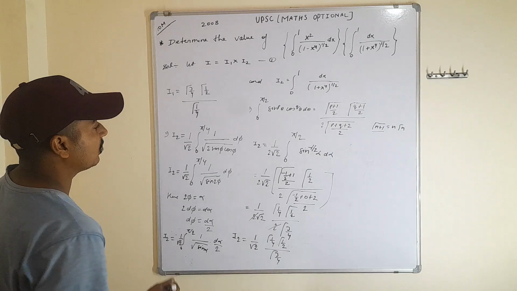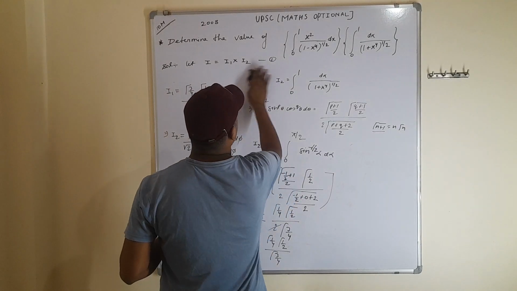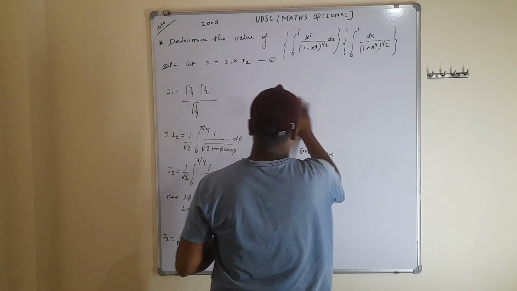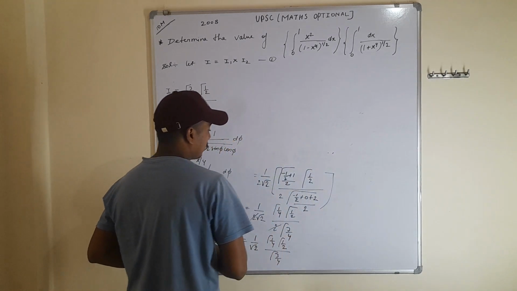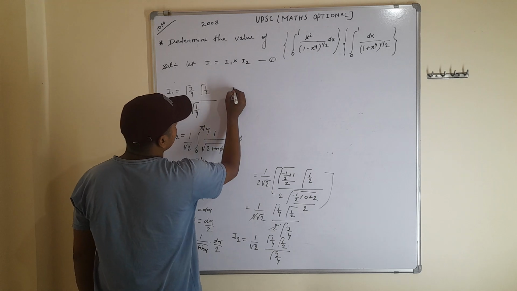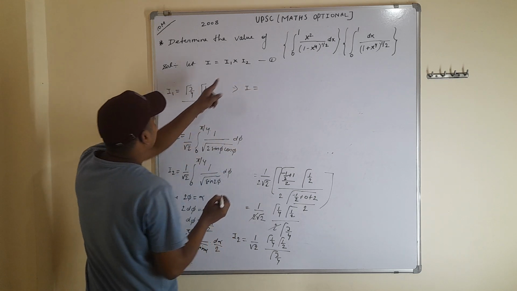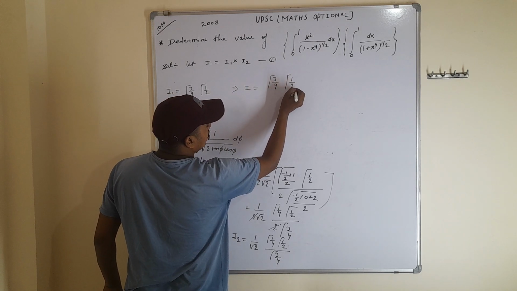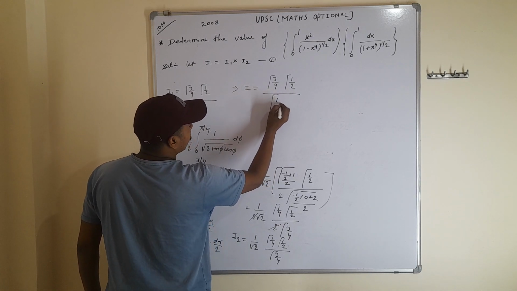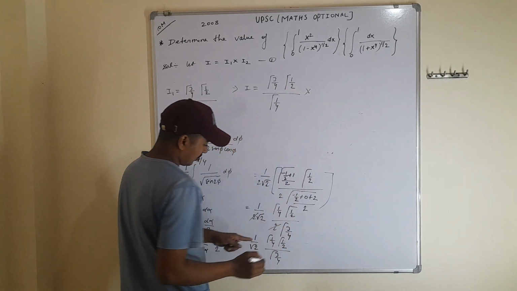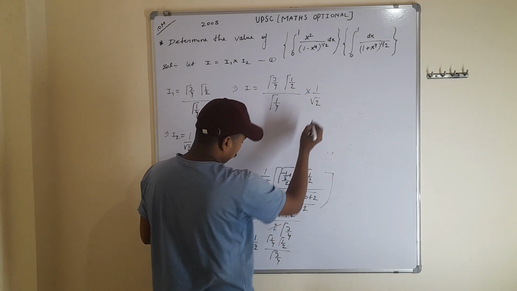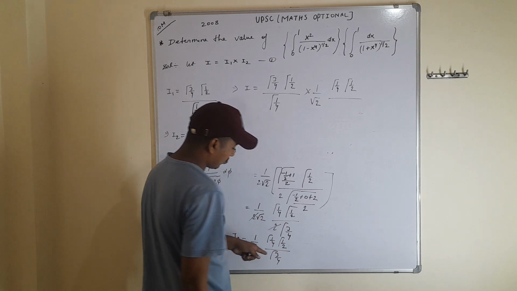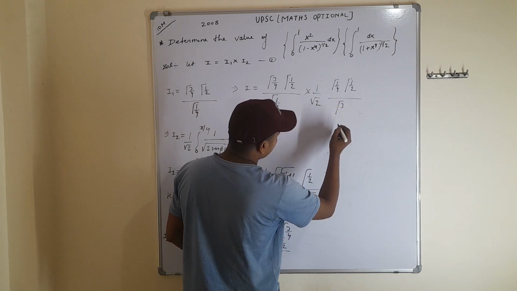Putting the above result in equation 1, putting the value of I1 and I2 in equation 1, that is I is equal to I1 is gamma 3 by 4 and gamma 1 by 2 upon gamma 1 by 4, and I2 is 1 by root 2, 1 by root 2 gamma 1 by 4 and gamma 1 by 2 upon gamma 3 by 4.